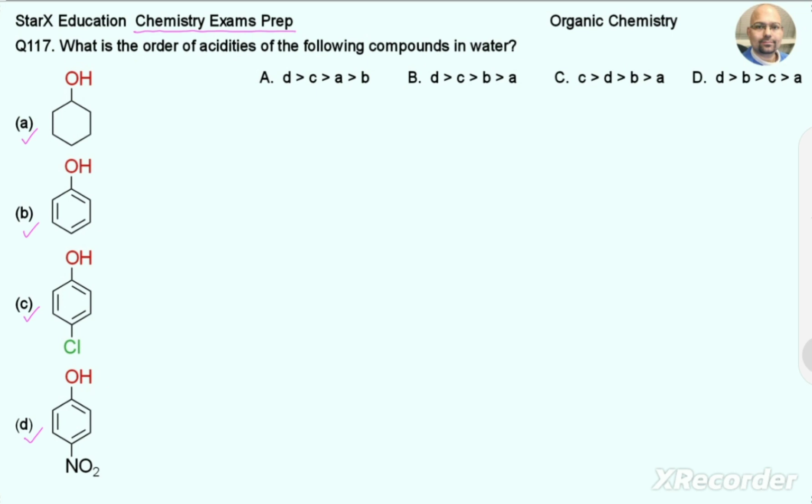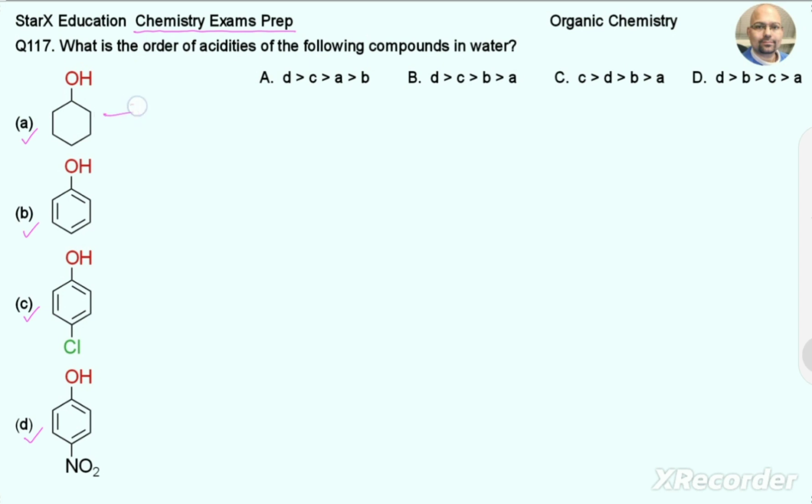So here structure A is a simple alcohol, and alcohols are less acidic than phenols because the phenol's conjugate base, phenoxide ion, is resonance stabilized. However, the alcohol's conjugate base, the alkoxide ion, is not resonance stabilized, and the more stable the conjugate base, the higher the acidity. Now let's quickly draw out the conjugate bases of all of these four compounds.